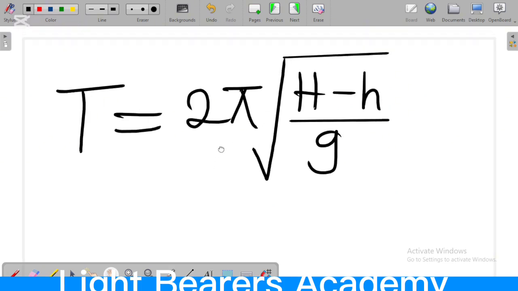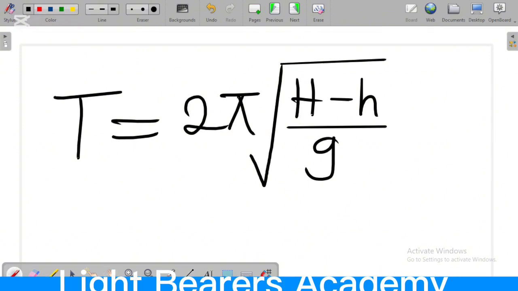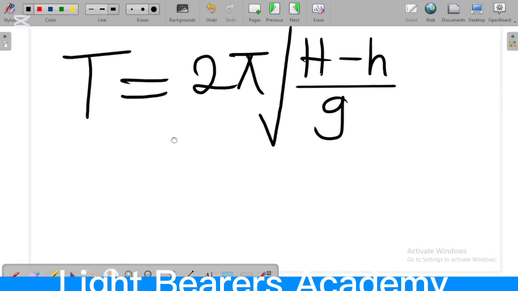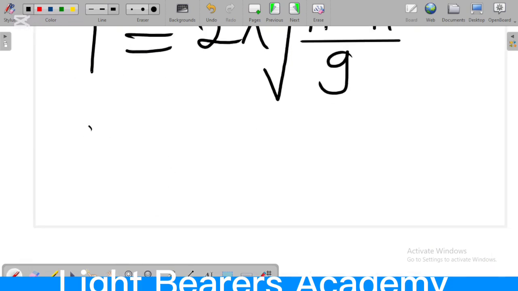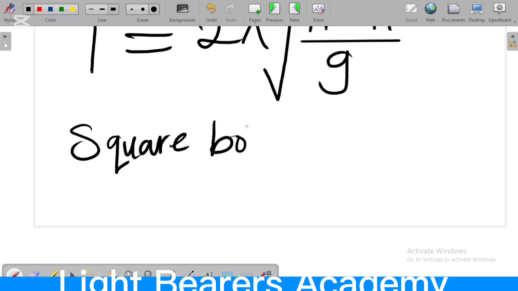And to eliminate the square root, you simply square both sides. Let me write it down. Square both sides.